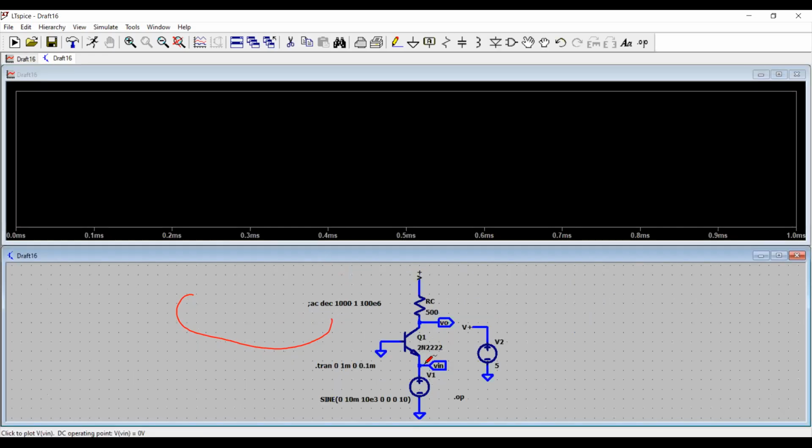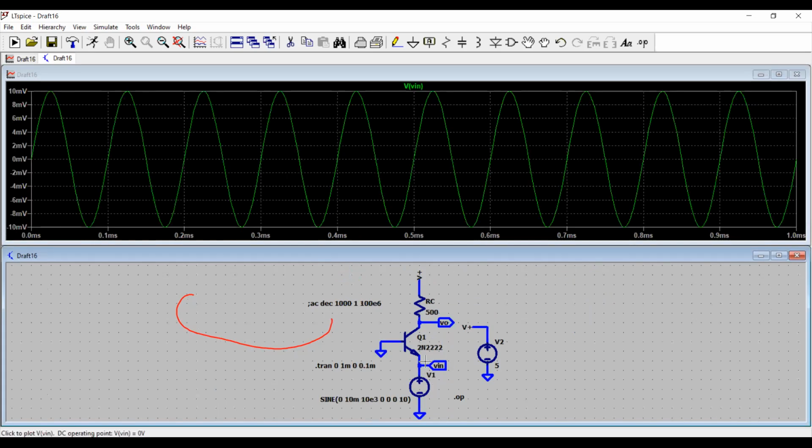I want to check the input. So here is my sine wave, which is perfectly showing up with respect to this one. And now you see from the zero, it is varying 10 millivolt, peak to peak is 20 millivolt.